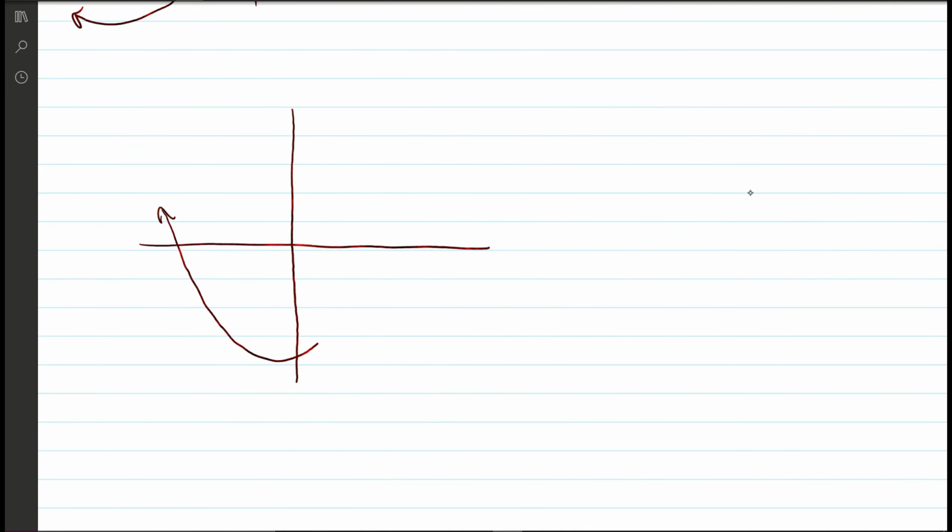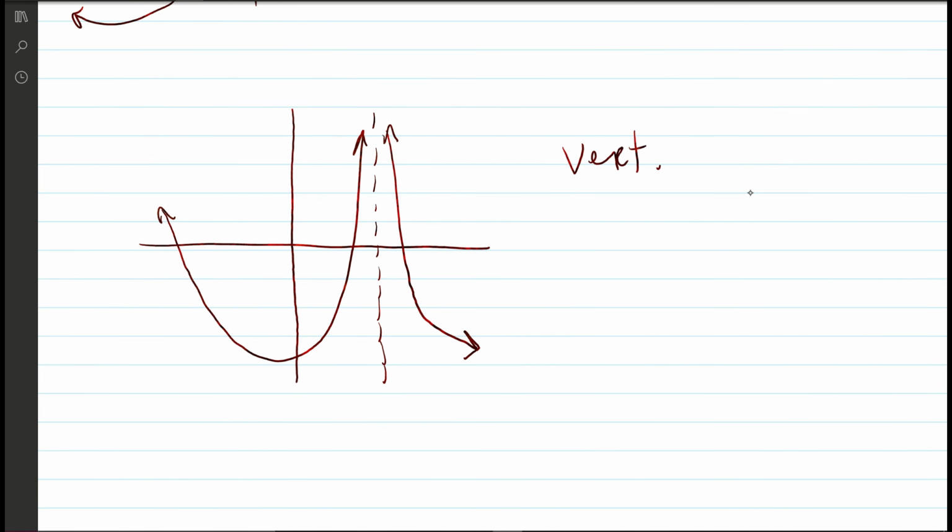Okay, let's take a look at another situation. So maybe my function looks something like this, and you see that dotted line. You know what that is, right? That's an asymptote, and for us specifically, it's a vertical asymptote, and we'll call this value c.